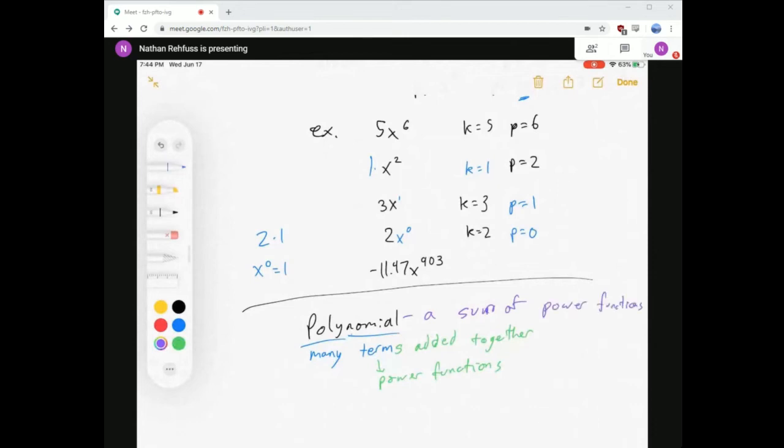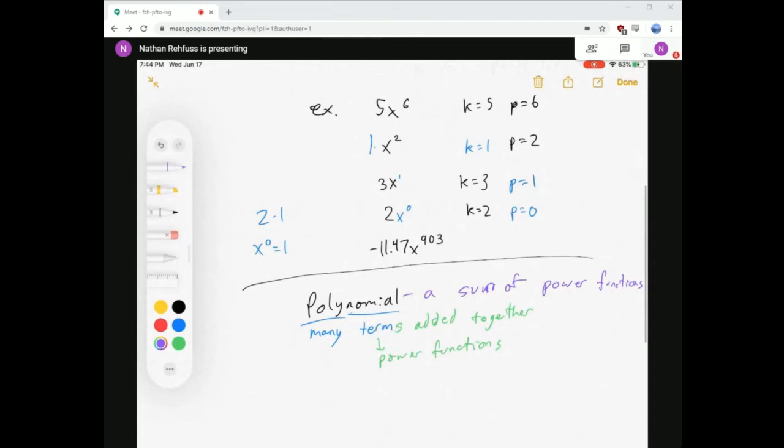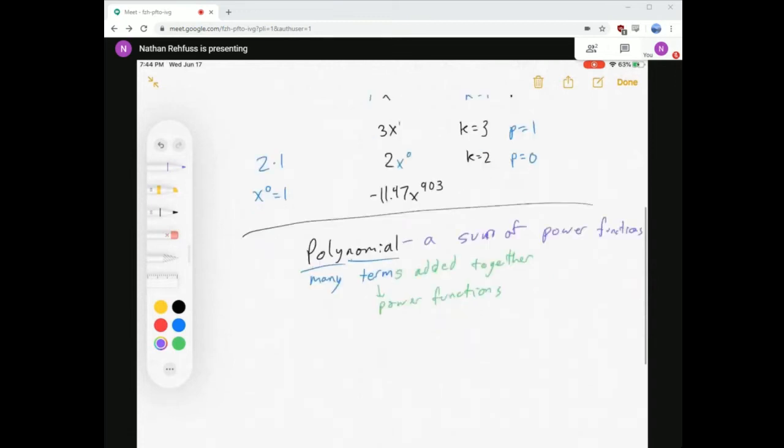For example, I could take my 4 power functions from before and say 5x to the sixth plus x squared plus 3x plus 2 is a polynomial. This one has 4 terms. When it has 3 terms, sometimes we call it a trinomial, and when it has 2 terms, we call it a binomial. With 1 term, we could call it a monomial.